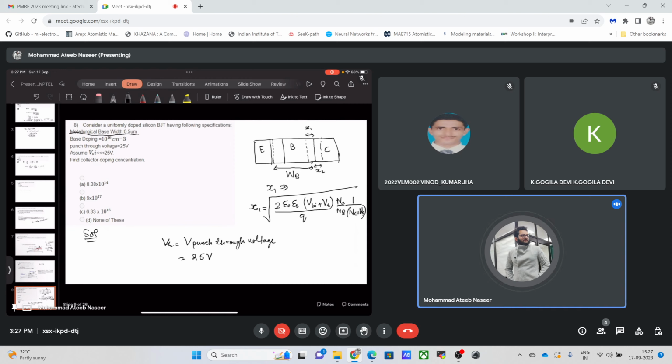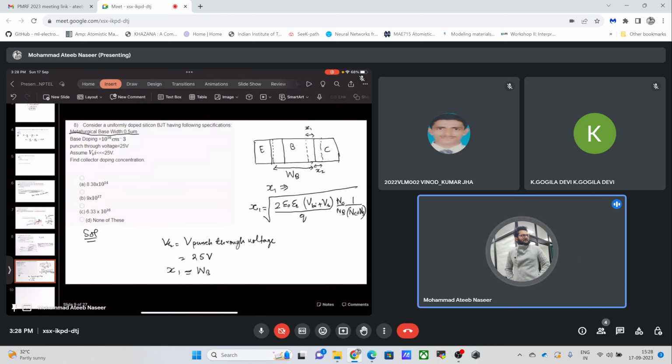It has also been told that VBI is much less than 25 volts. Since we are assuming that punch through has occurred, x1 is approximately equal to the metallurgical base width. We have considered the punch through case in this problem.